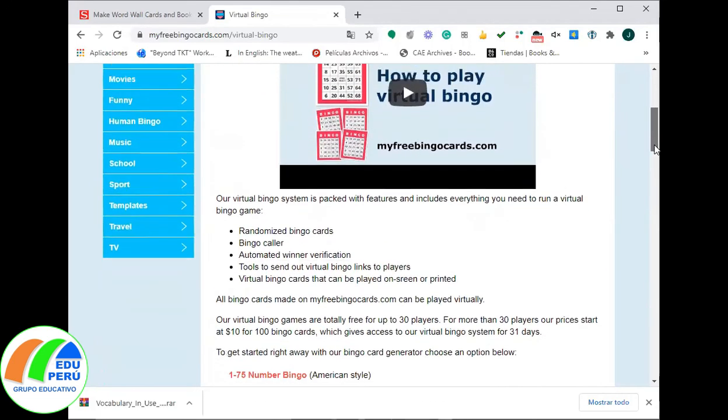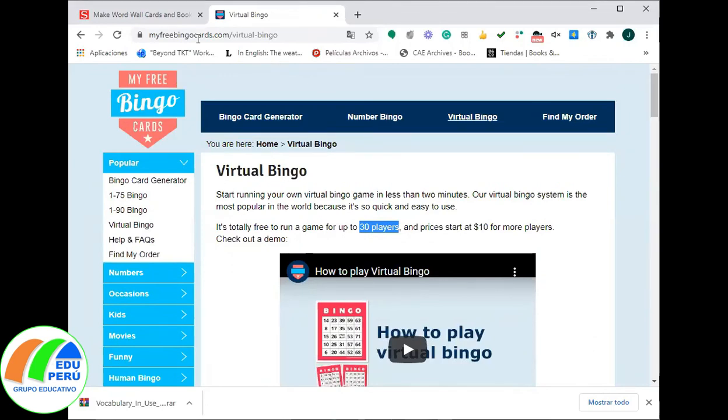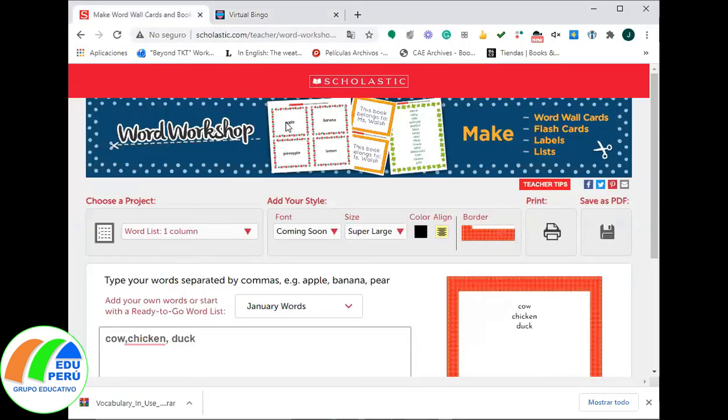So notice, you can use these web pages to practice vocabulary with your students, all right? Also, there are other pages to create word searches and crosswords, and that's a lot of web pages. So we're going to do this in the last module, the 10th module, related to ICT technology.